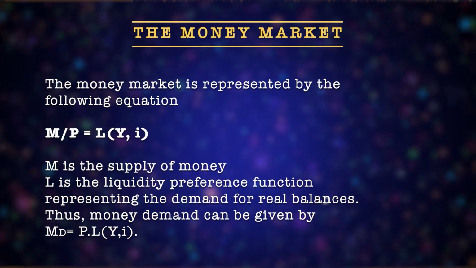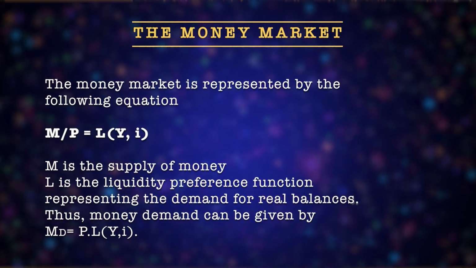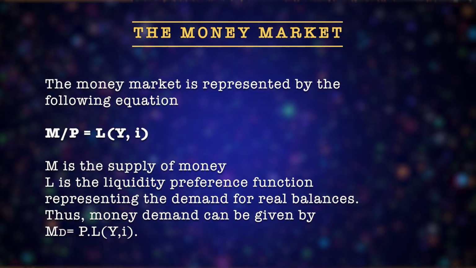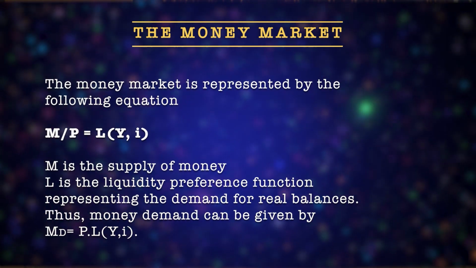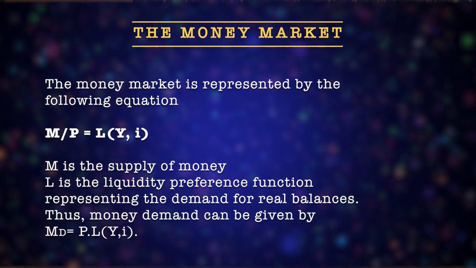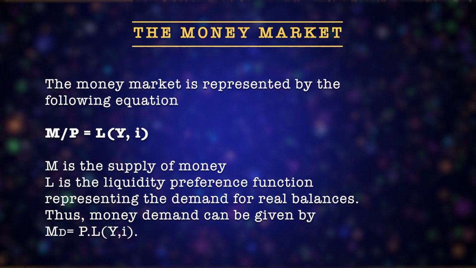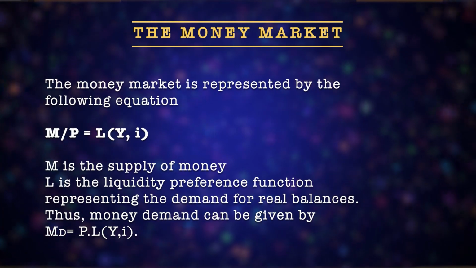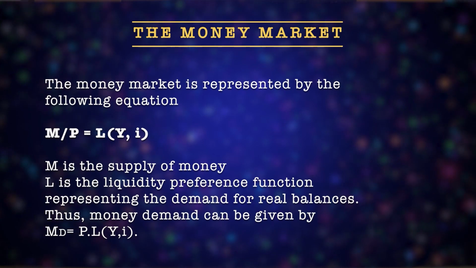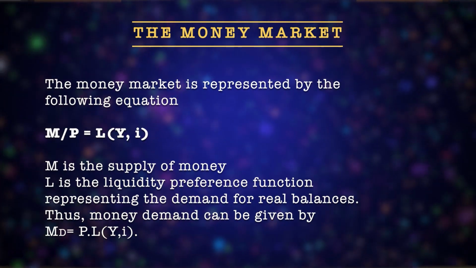And the money demand function is given here by L, which is the liquidity preference function representing the demand for real balances, which is positively related to Y and negatively related to the interest rate I. So we can say that the money demand can be written as MD, which is equal to P into L, which is a function of Y and I.